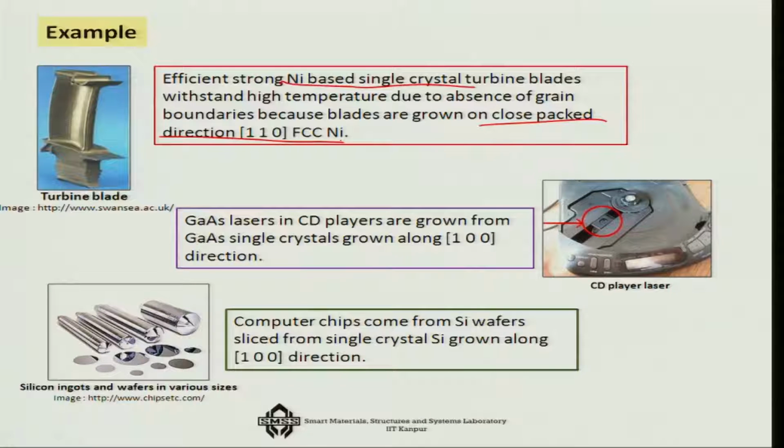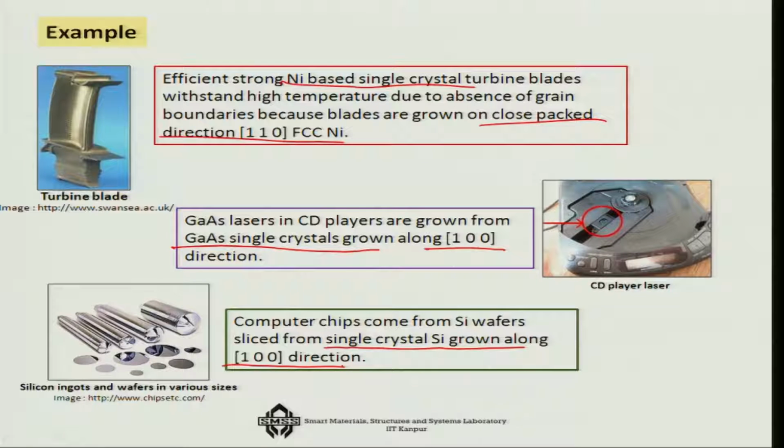A couple of other similar applications: gallium arsenide lasers, which are used in CD players, are grown from gallium arsenide single crystals along the 100 direction. And silicon itself, as you know, the single most important material in the MEMS industry and the computer industry, is grown from single crystal of silicon along the 100 direction.